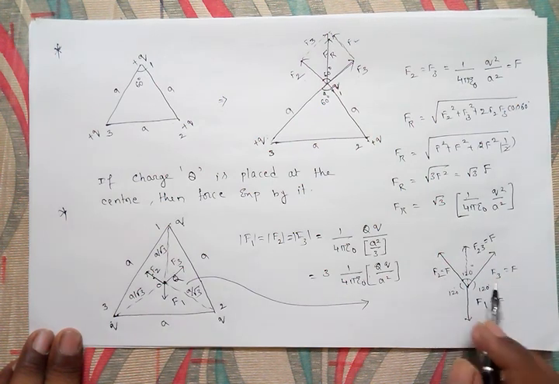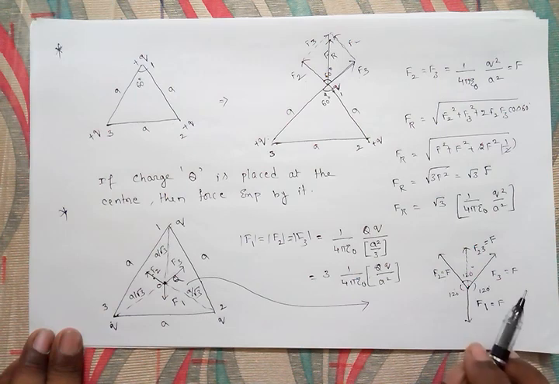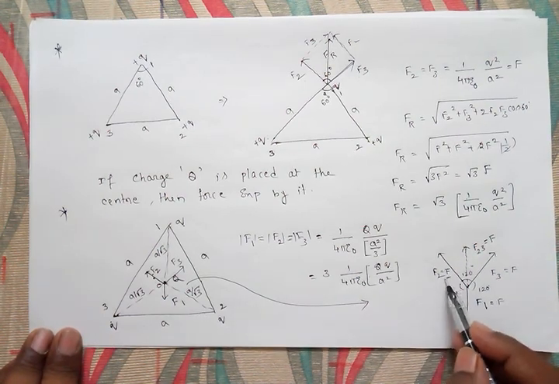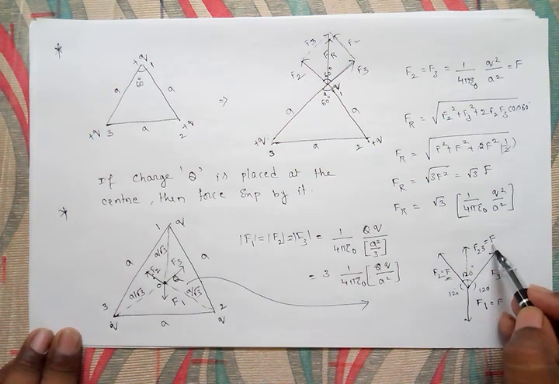So this point is important. In vectors, if two vectors of equal magnitude have an angle of 120 degrees between them, the resultant is the same vector.